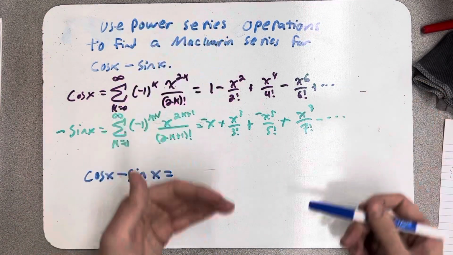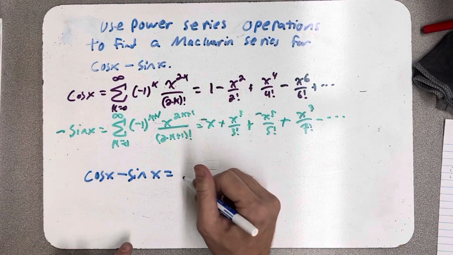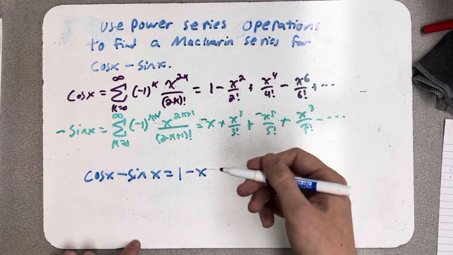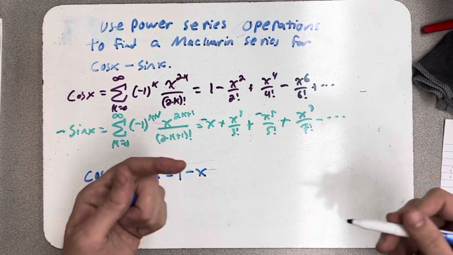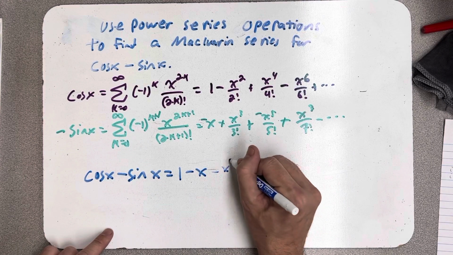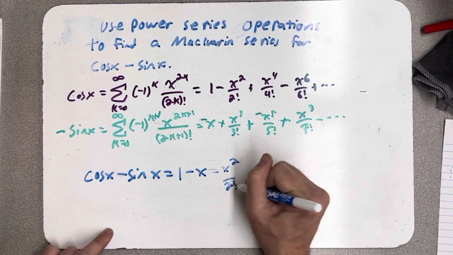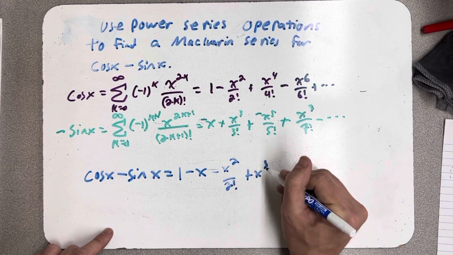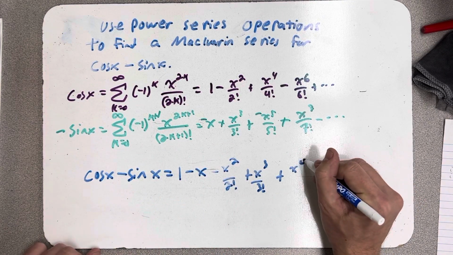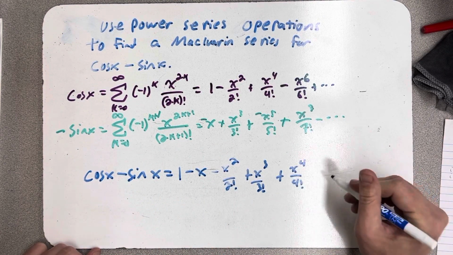All right, so now on this side, I'd have 1 minus x, if I keep things in the same order in terms of the power of the exponents, 1 minus x squared over 2 factorial plus x cubed over 3 factorial plus x to the 4th over 4 factorial.